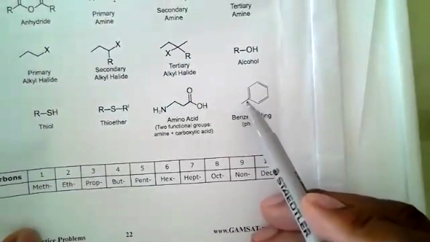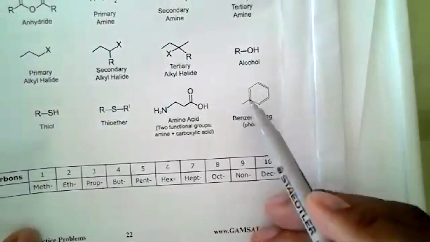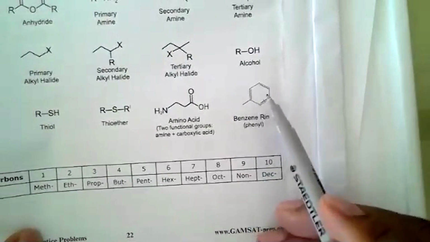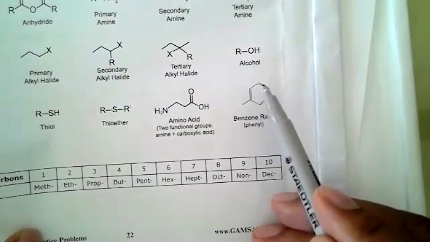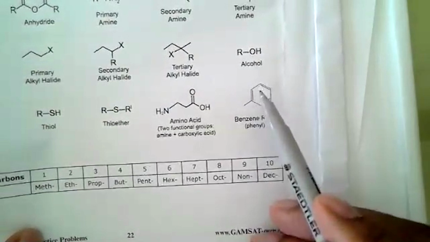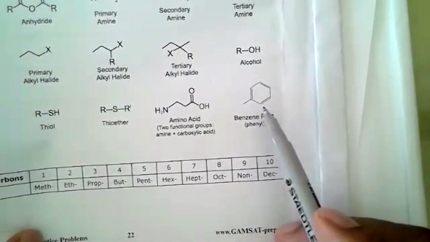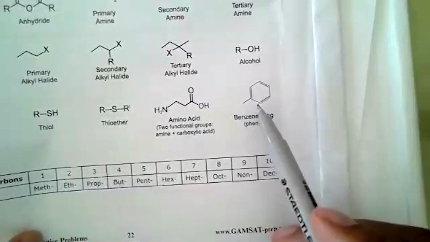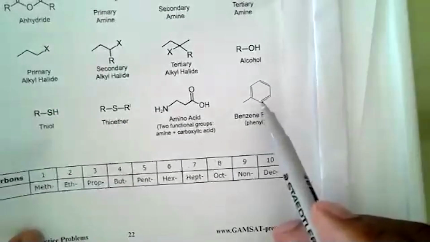This is not the benzene ring. It's only when the benzene ring is an attachment that it's called a phenyl group. But this is actually the benzene ring. And you see it's double bond, single, double bond, single, double. Fully conjugated is the expression used for this. And when a molecule is fully conjugated, it has increased stability.